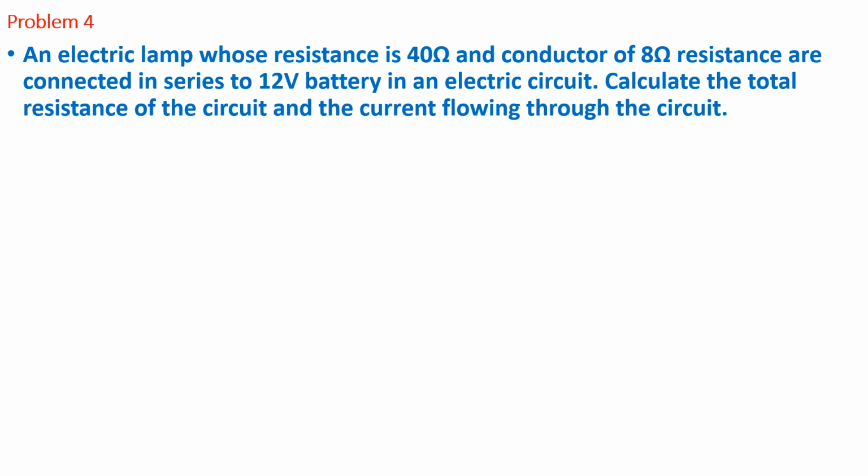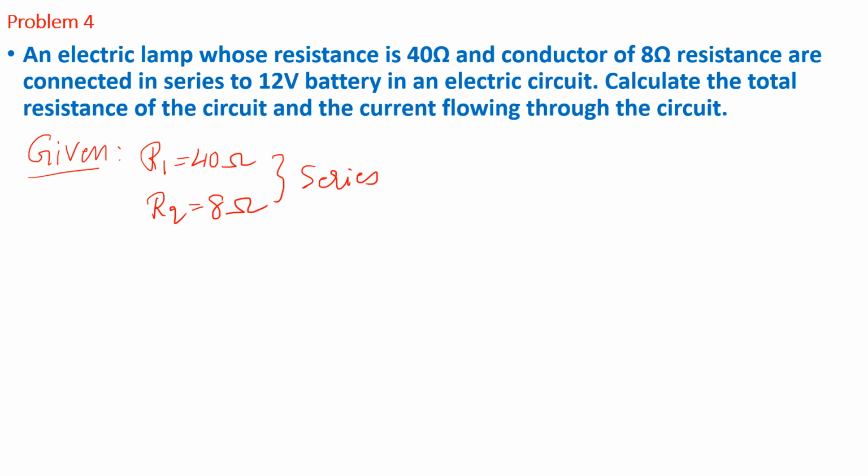Now we have to write the given values. Even if they have given it as a lamp, we need to write it as it has some resistance. That is why we take R1 is equal to 40 ohms and R2 is equal to 8 ohms, and they are connected in series.